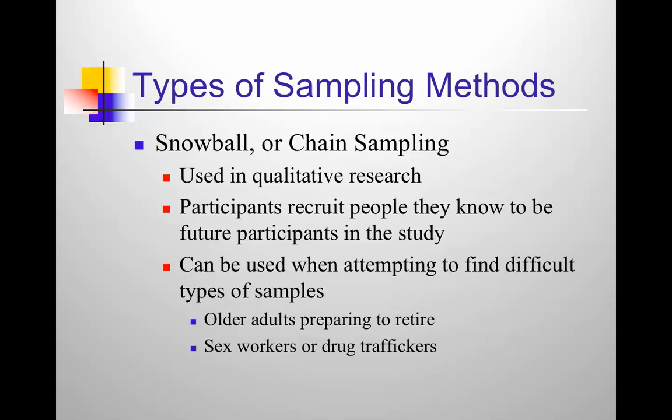The next one is snowball or chain sampling, which I always found interesting. Typically, you are referred to participants or future participants by the participants you're currently working with. Going back to the retirement example, let's say you've found a guy named Joe who retired 2 months ago, and you interview him.